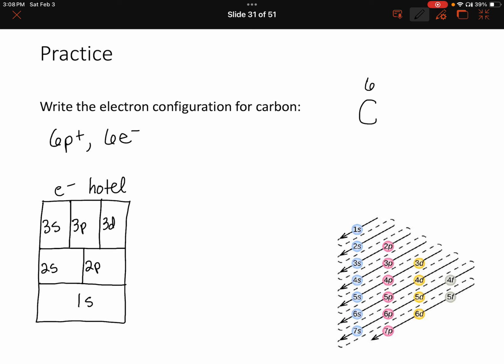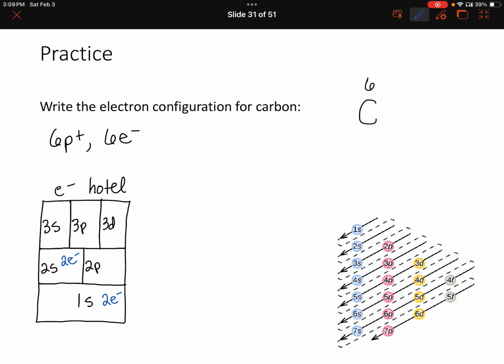All right, so let's look at how many electrons can stay in each of these rooms. So the first 2 electrons are going to go in the 1s room since it has the lowest energy. Then 2s is the next highest energy room. That can also hold 2 electrons, just like we saw with the previous example. Okay, so far we've used up 4 electrons.